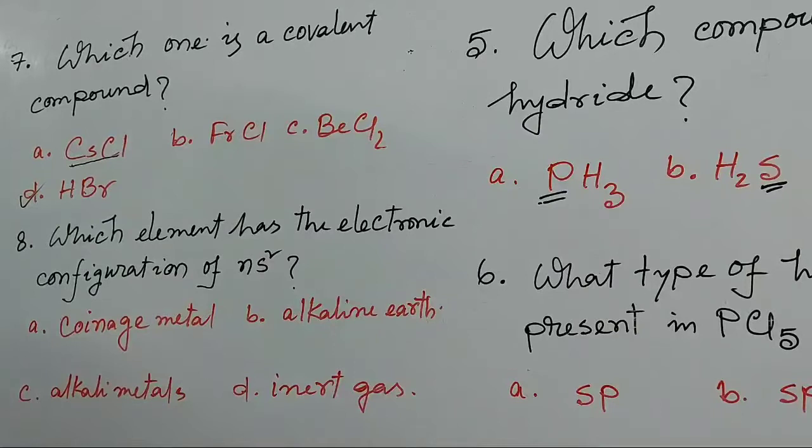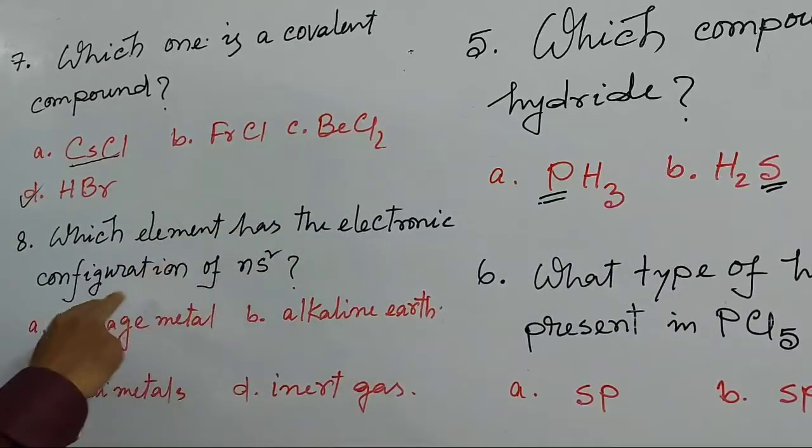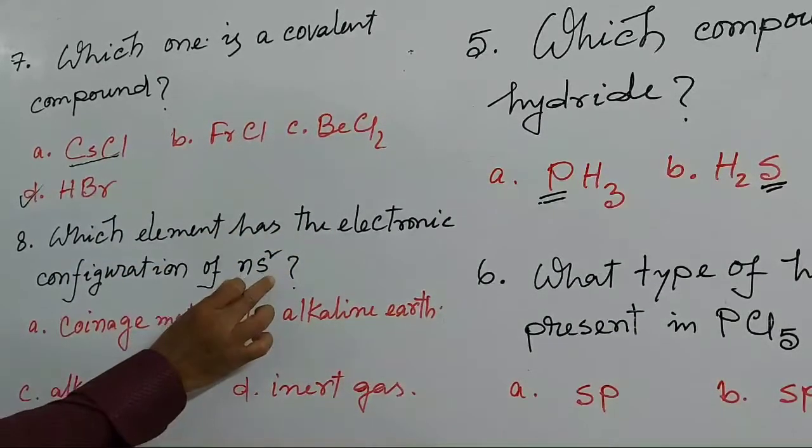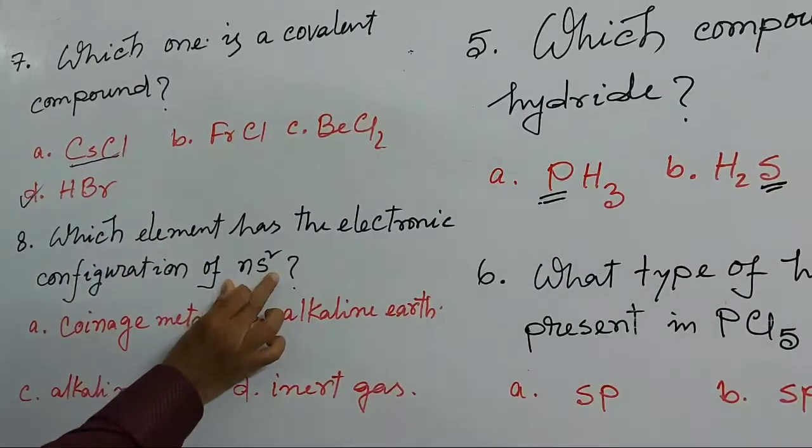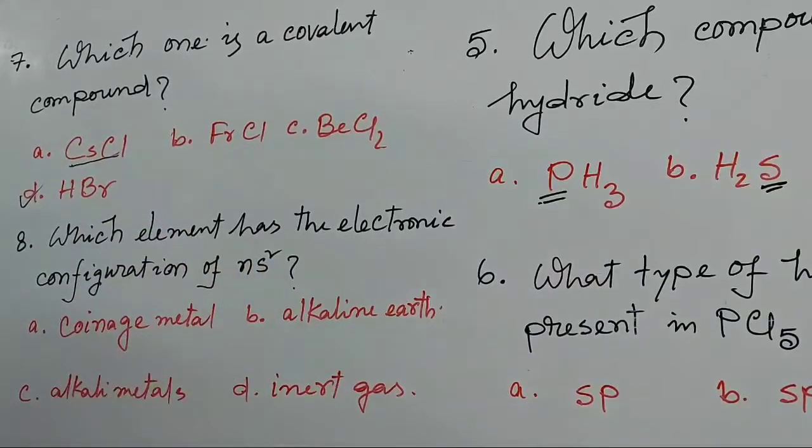Question number 8. Which element has the electronic configuration of ns2, I mean, the last shell contains 2 electrons? First one is coinage metal. Students, all of you know that copper, silver, gold, all those are known as coinage metals.